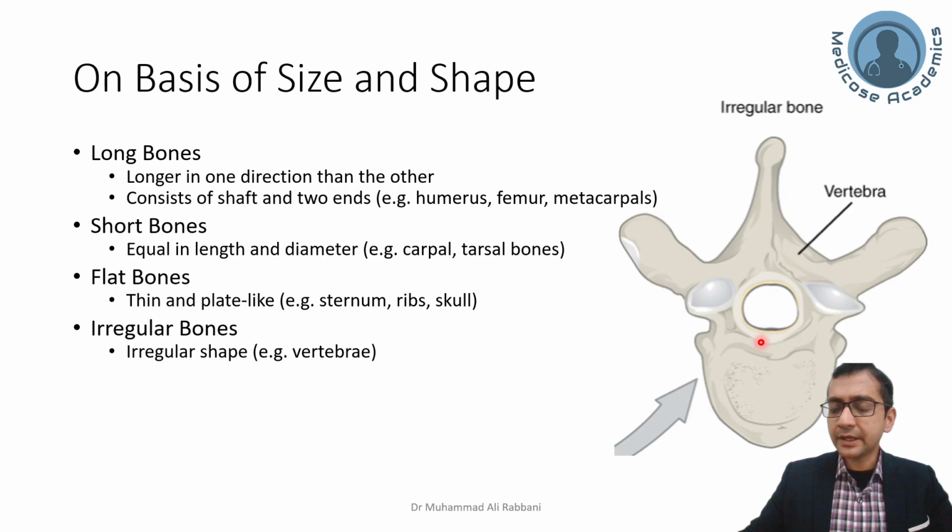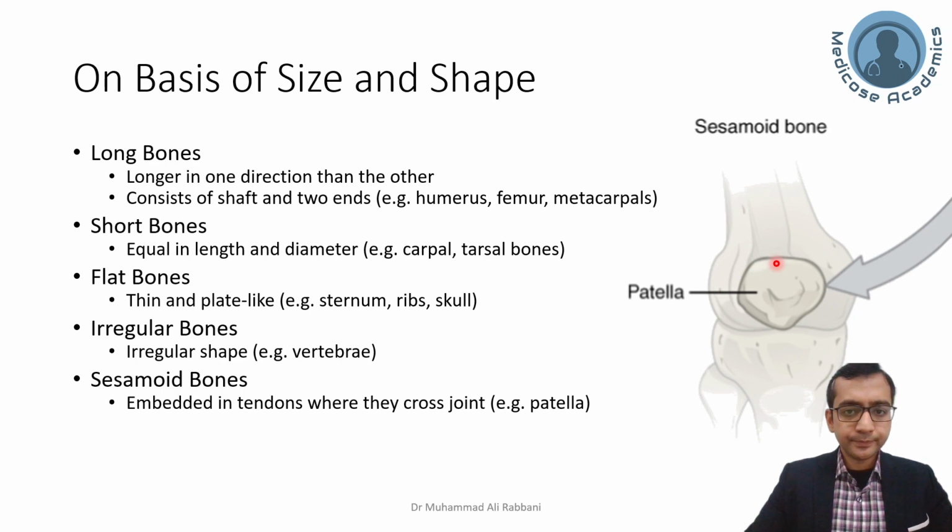It has a body here. It has a symmetry, but it does not fall into any of these long or short and flat. So it has a body here, processes on the side, process on the back. There is a cavity in the middle. So this is an irregular bone. Similarly, the hip bone has a very peculiar shape. So that is counted in that also.